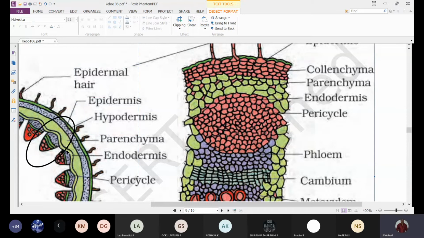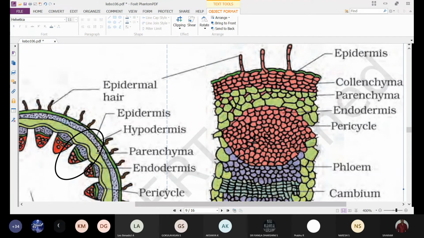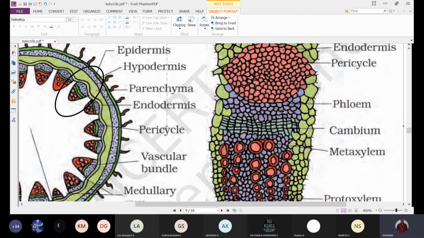You can see this portion is enlarged. Only a small portion of the dicot stem is enlarged and shown here.